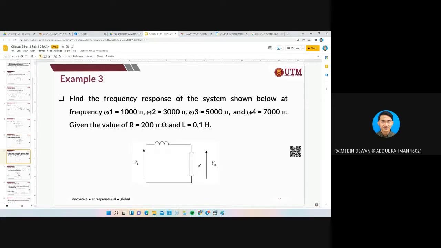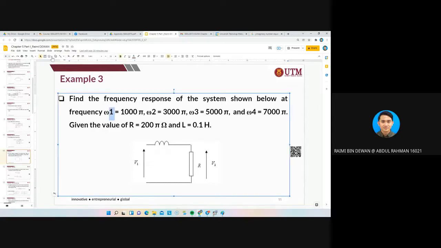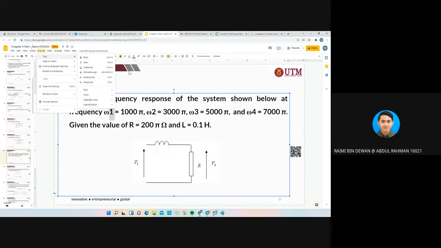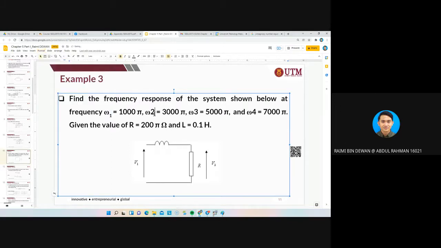Now example 3, find the frequency response of the system shown below at frequency omega 1. Okay, sorry, this one should be, please correct your own slide.